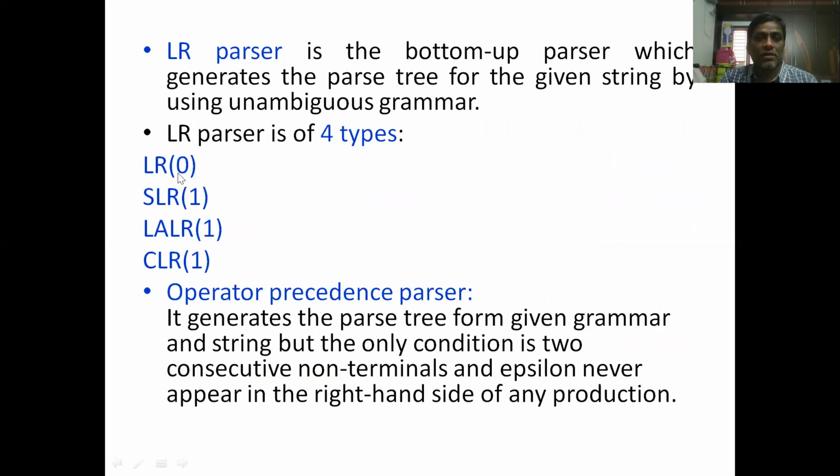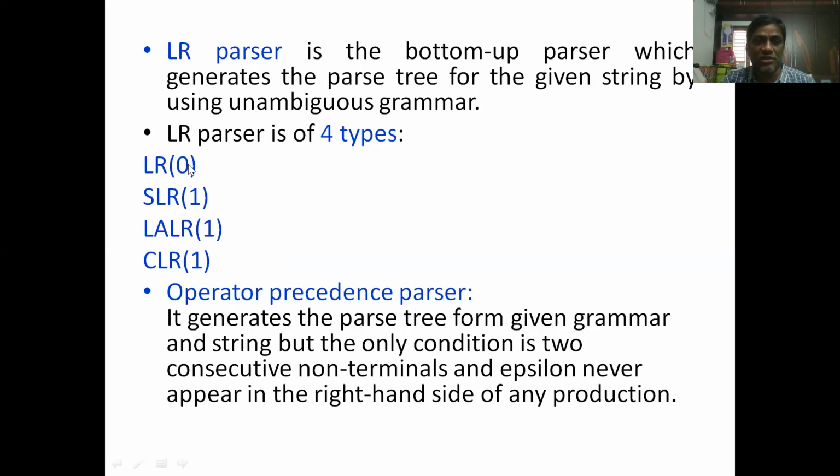There are four types of LR parsers, starting with the LR of 0 parser. Second one is simple LR of 1 parser. Third one is look ahead LR of 1 parser, where LA stands for look ahead. And the fourth one is canonical LR of 1 parser. So these are the categories of LR parsers.